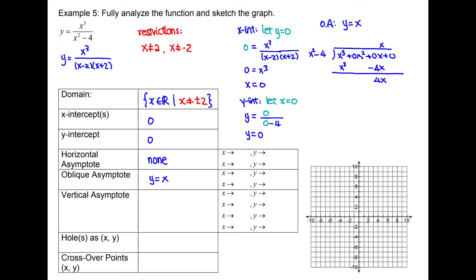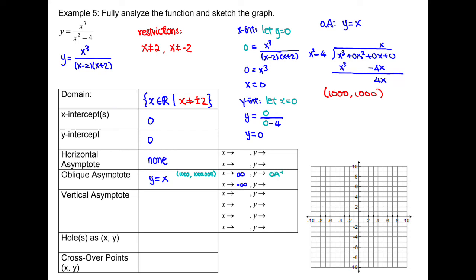Let's check the end behaviors. When x is approaching positive infinity, we let x be 1,000. Substituting into the oblique asymptote, we know the y value will be 1,000, but when we substitute into the function, we get the y value is 1,000.004, which is higher than 1,000. Therefore, we say y is approaching the oblique asymptote from above.